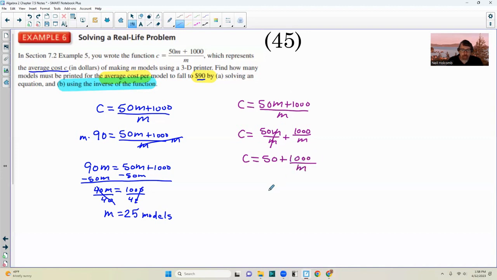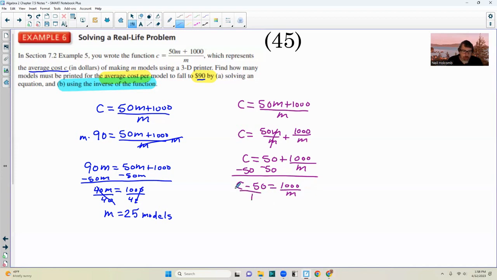Okay, I want to get m by itself, so I'm going to subtract 50 from both sides. And that's going to give me c minus 50 equals 1,000 divided by m. There's a shortcut if this is over 1.